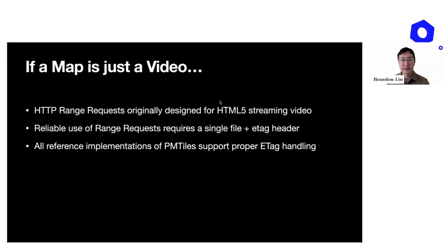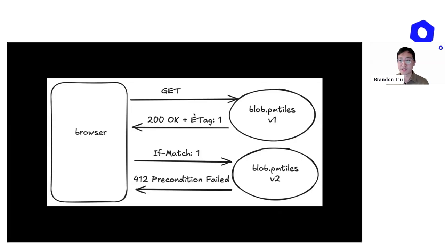So if the map is just a video, then we need to make sure the software all works to do that correctly. Part of that design for video that I'm also using is related to e-tags. This is how it detects when a file changes on storage. It sort of hashes the file so you know the content changed. This is supported across the entire PMTiles reference implementations now. Just a diagram of how that works.